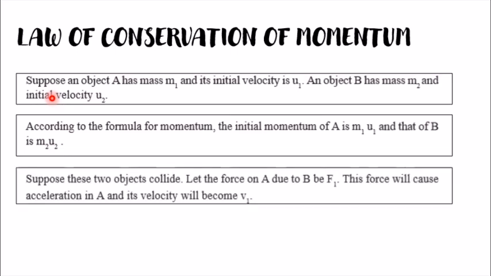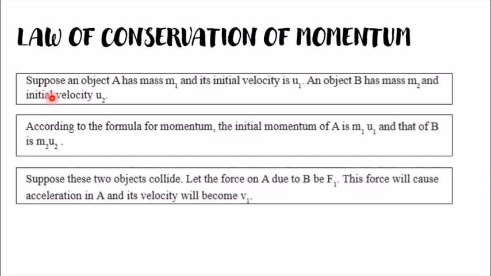And the forces that will act on both the objects be F1 and F2. As we have two objects here, we have taken two values of each. That is, for mass we have taken m1 and m2, for initial velocity u1 and u2, for final velocity v1 and v2, and for force F1 and F2.